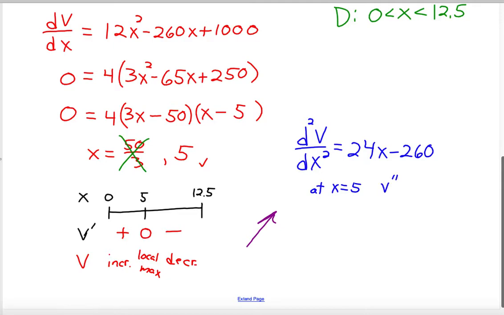So v double prime is less than 0, which means that v is concave down at x equals 5. And since the first derivative is 0, we know we have a local maximum. So two ways to do it, sign chart or second derivative. Depending on the function, sometimes it's easier just to do the second derivative, like in this case.